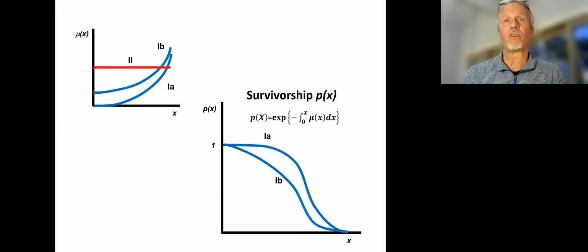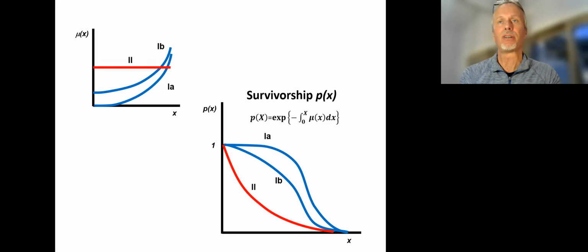In the case of a flat mortality rate, a constant mortality rate with age, we just have an exponentially decaying survivorship function, which is equal to e to the power of minus mu x. And in the case of a type 3 mortality function, we have a survivorship that drops even faster.